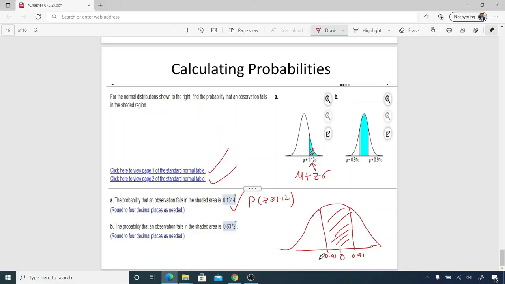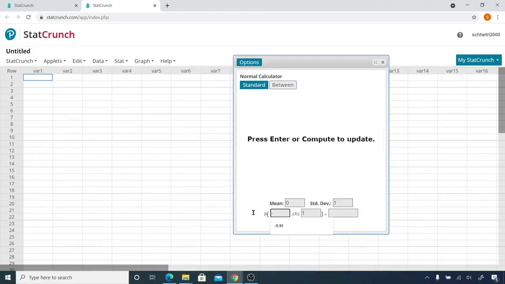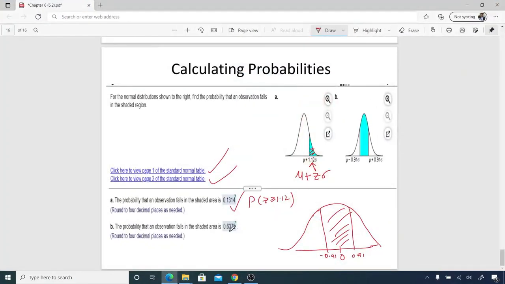Now I'm going to plug in negative 0.91, that is my negative z, and then positive 0.91. That should give me 0.6372 in 4 decimal places. That's how you compute the probabilities of the standard normal distribution for a given Z score.